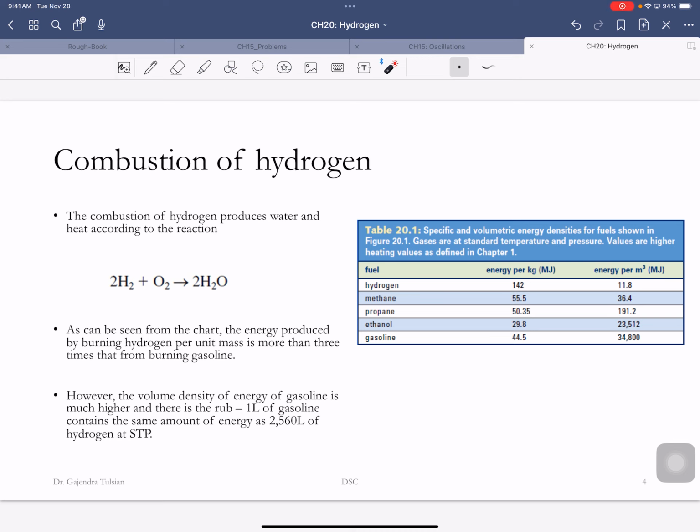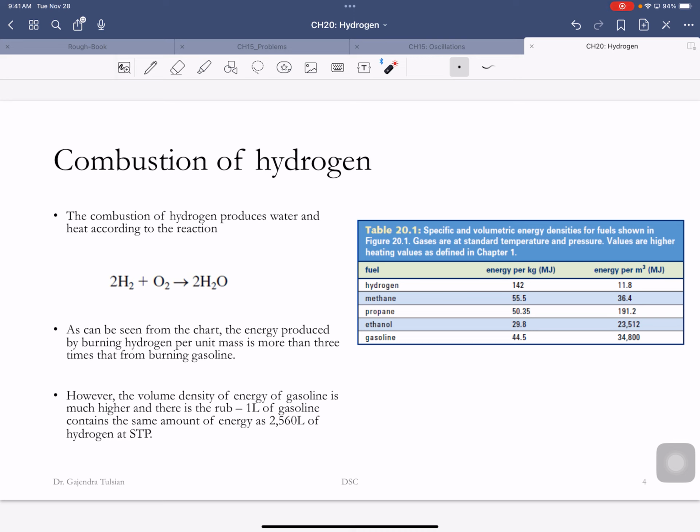Hydrogen is a gas, and you would need 2,500 liters of hydrogen at atmospheric pressure to get the same amount of energy. Now, to get the same energy as gasoline from the hydrogen, you would need 3 times this much. That's the problem.